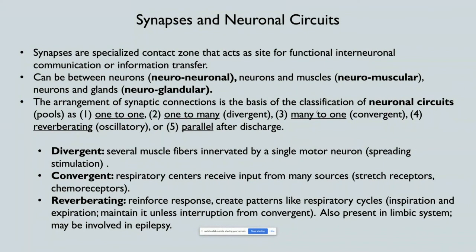And we mentioned before that it can be between two neurons, in which case they are called neuronal synapses, or between a neuron and a muscle, the neuromuscular junction, or between neurons and glands. In that case, they are called neuroglandular.